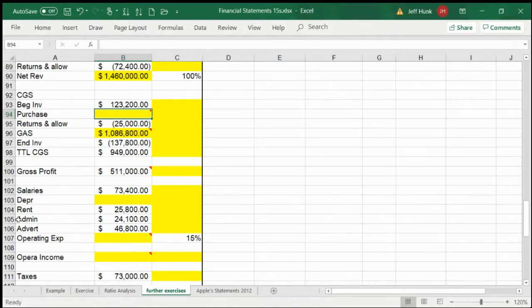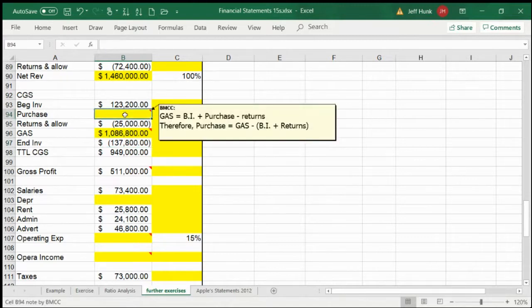So let me, there can be no negative ending inventory. This looks negative because you don't have net purchase, right?